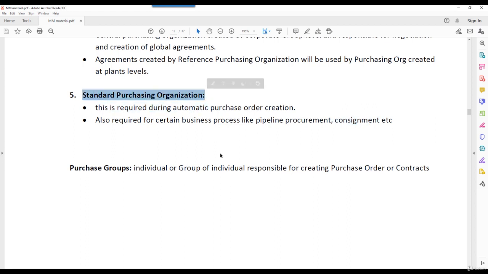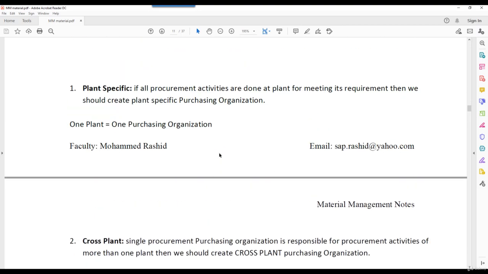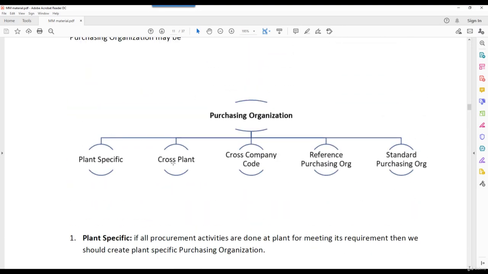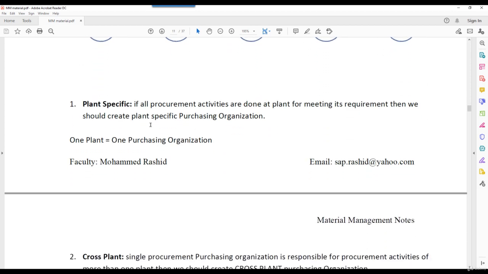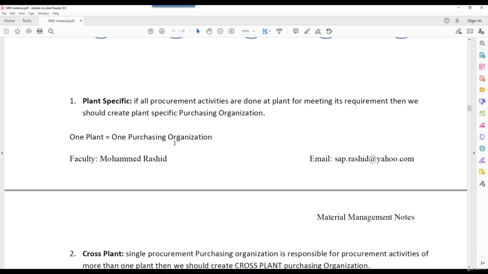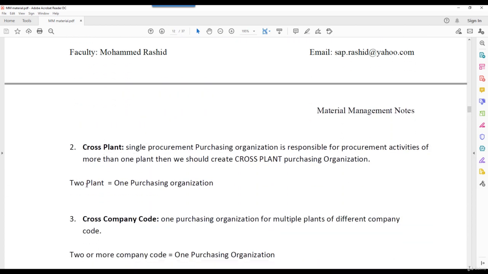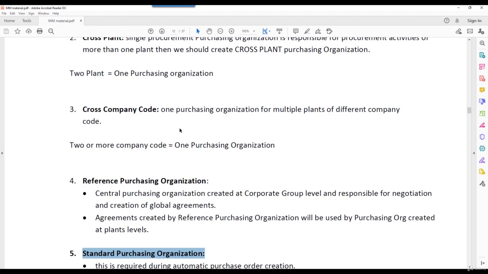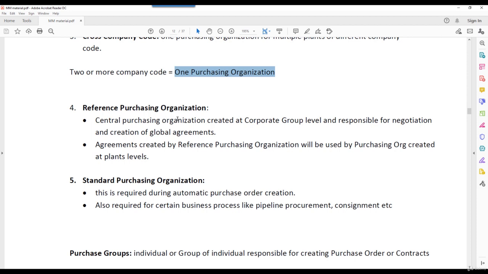Hope you understand the purchasing organization concept. In SAP, we have plant specific, cross plant, cross company code, reference purchasing organization, standard purchasing organization. So one plant equals one purchasing organization. In cross plant, two plants equal one purchasing organization. Cross company, two or more company codes using one purchasing organization. Reference, we understand this.